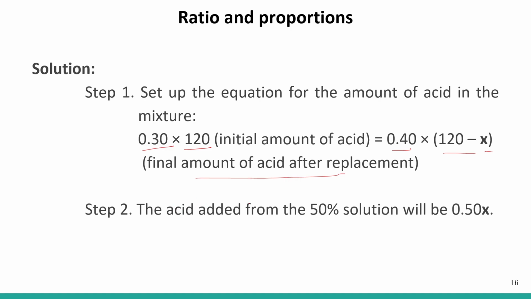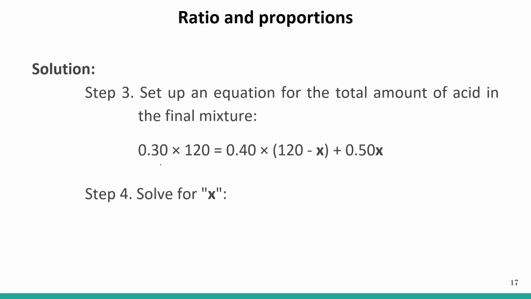So we need to make sure that the acid added from the 50% solution will be 0.50x. Okay, so we get to this equation: 0.30 into 120 is equal to 0.40 into (120 minus x) plus 0.50x.